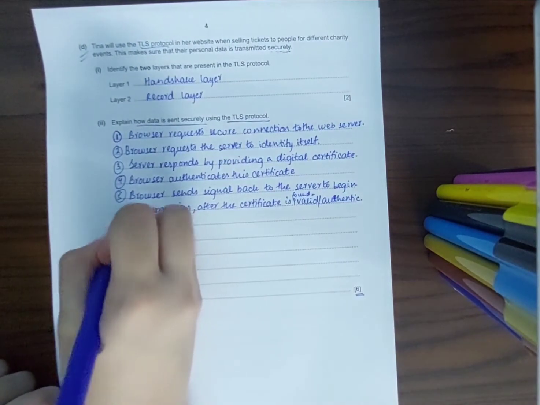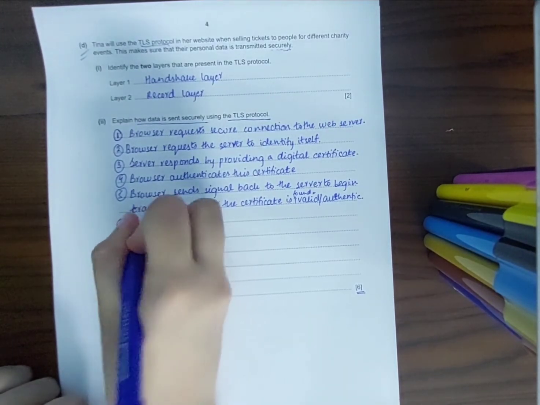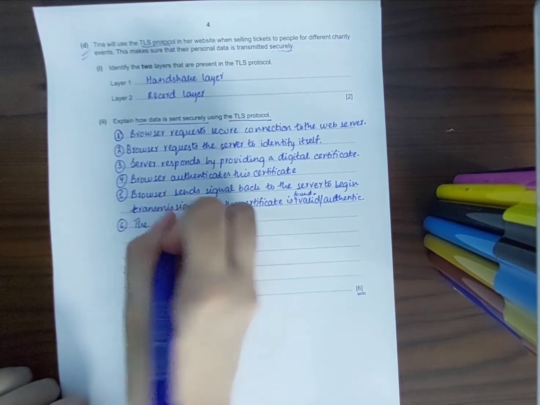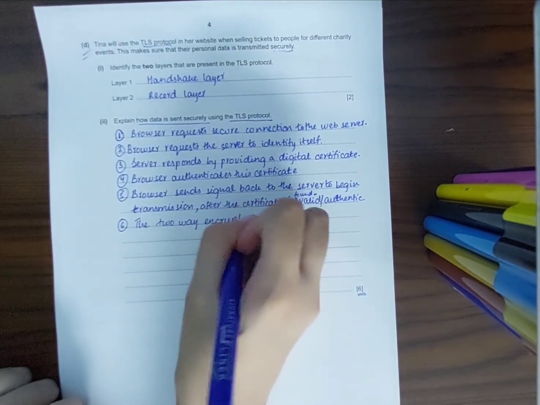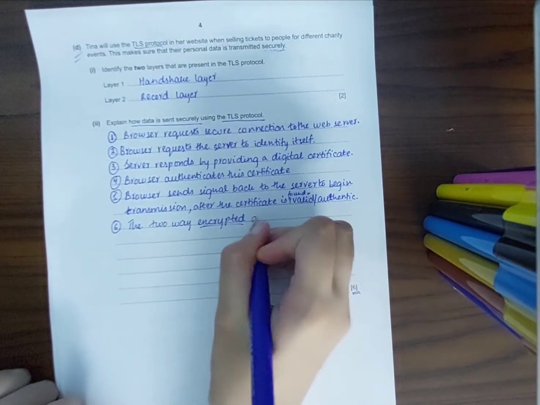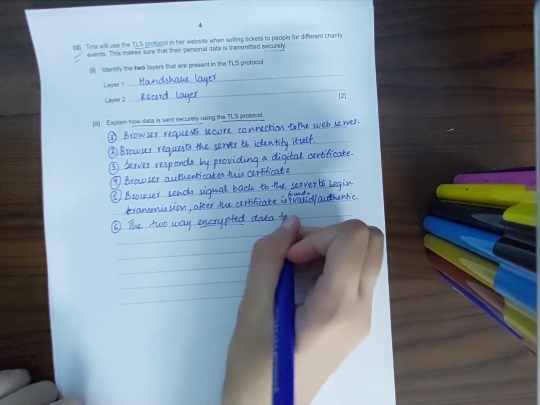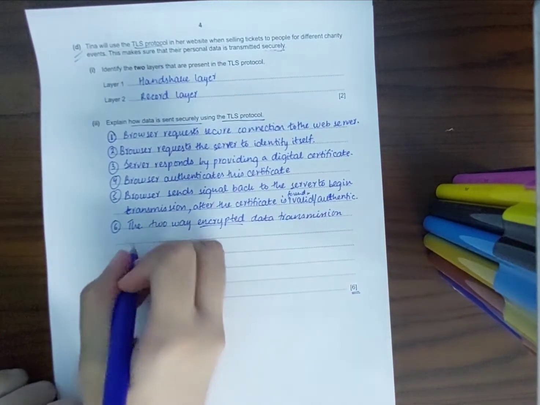And then obviously the two-way encrypted data transmission begins. It's important to write that the data is encrypted: encrypted data transmission begins.